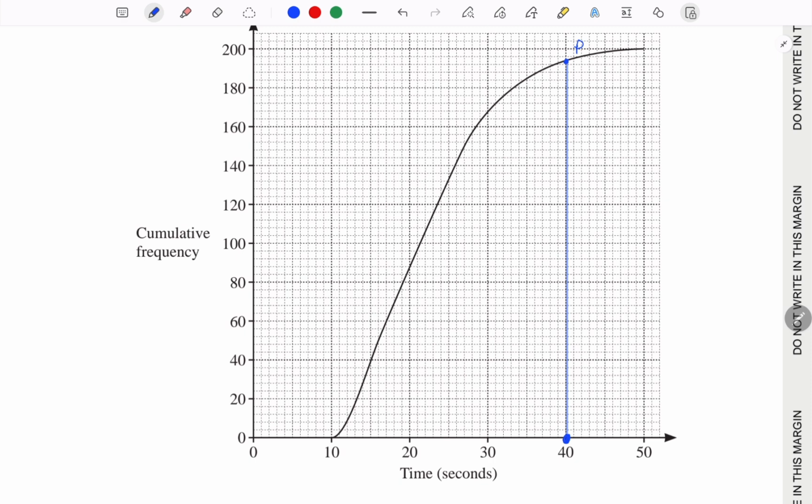Now to find the corresponding cumulative frequency, I need to find the corresponding y value on the cumulative frequency axis. For that, I will draw a line that is passing through P and horizontal, and this is the point that I will get on the cumulative frequency axis.